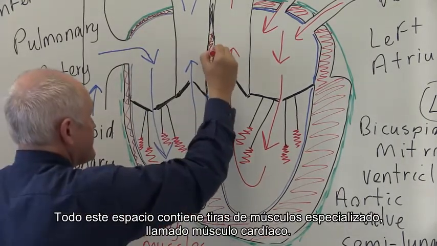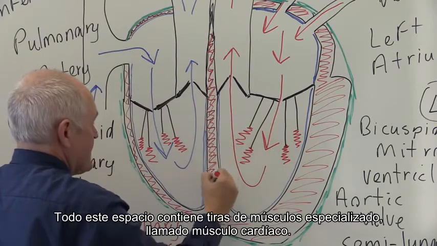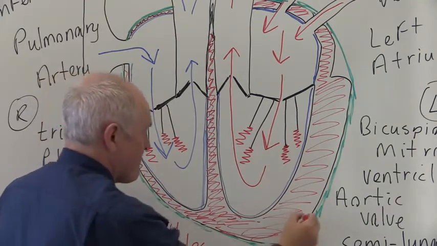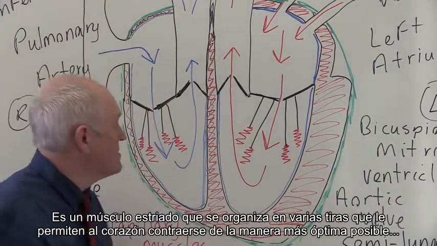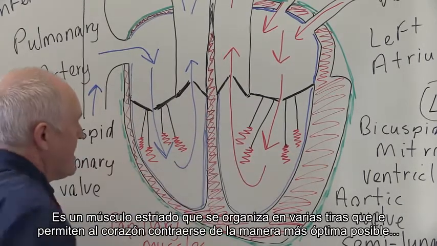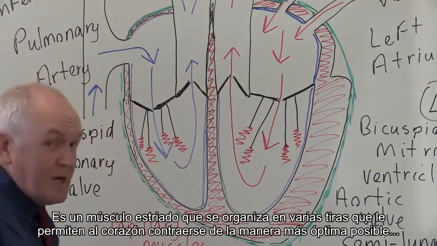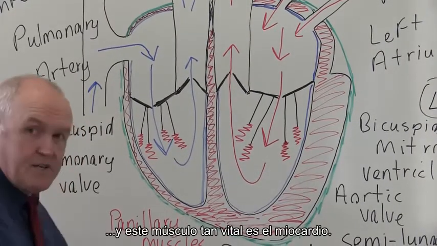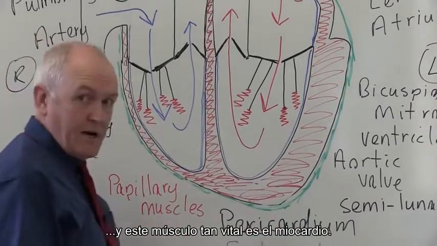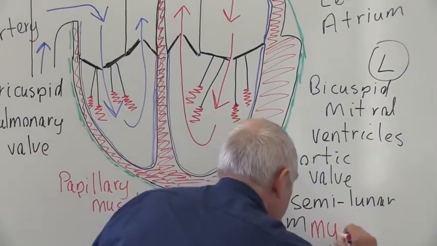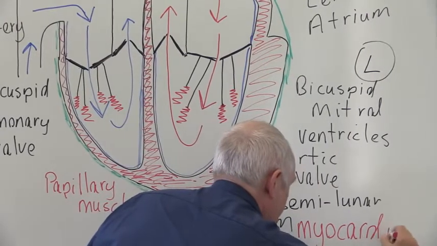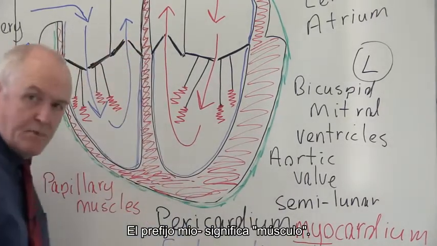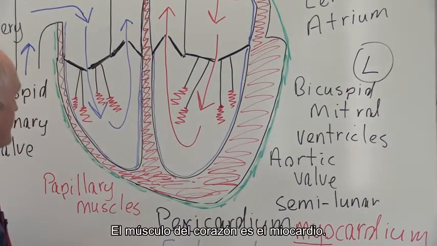All of this contains bands of a specialised muscle called cardiac muscle. It's a striated muscle. It's arranged in various bands that allow the heart to contract in the most optimum possible way. And this vital muscle, of course, is the myocardium. Myo means muscle. The muscle of the heart is the myocardium.